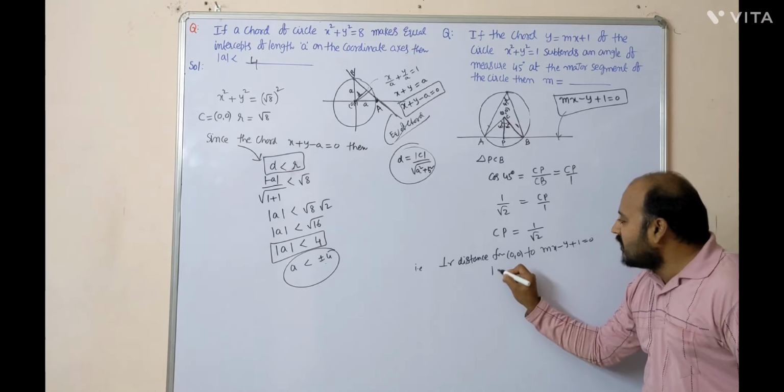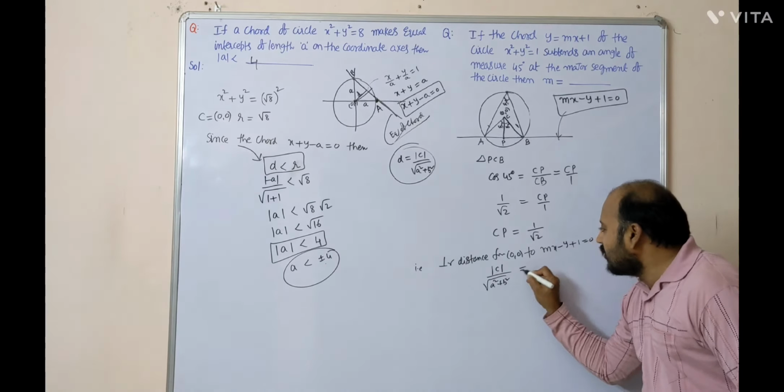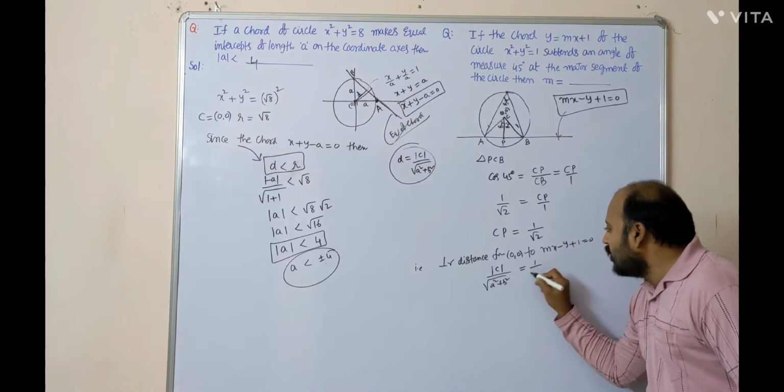So mod c by root of a square plus b square is equal to 1 by root 2. From ax plus by plus c, c value is 1. So 1 by root of m square plus minus 1 whole square plus 1 equal to 1 by root 2.